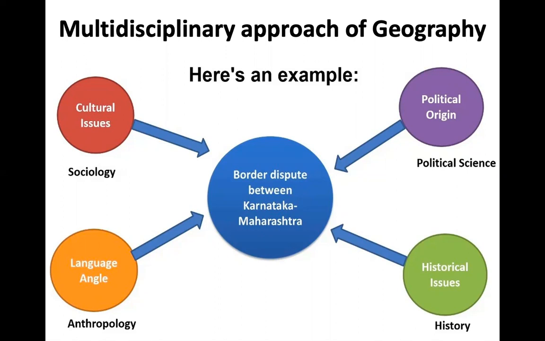And then the history of these two states. Different culture, different region, different history, both are traditionally rich. So a politician who wants to solve the Karnataka and Maharashtra issue must take help from sociologists, anthropologists, political science people, geography people, history people.